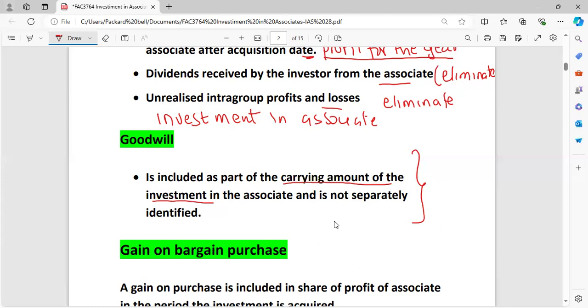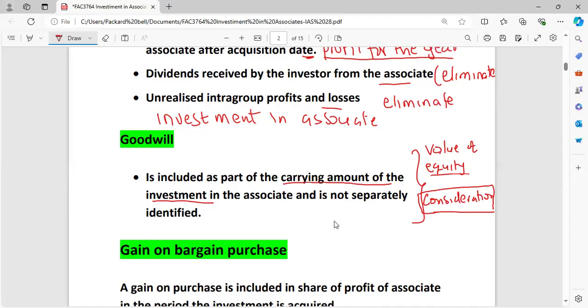Remember, goodwill is going to be the difference between the value of equity and the consideration. So if there is goodwill, it means it will be here in this consideration, or the cost of the investment.